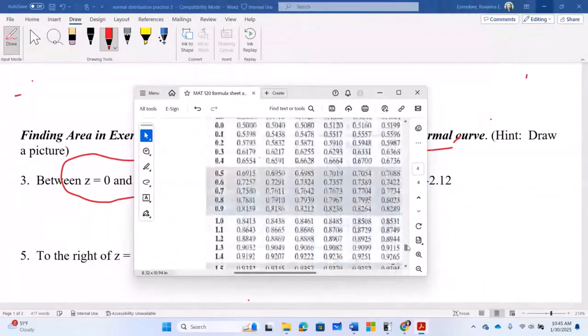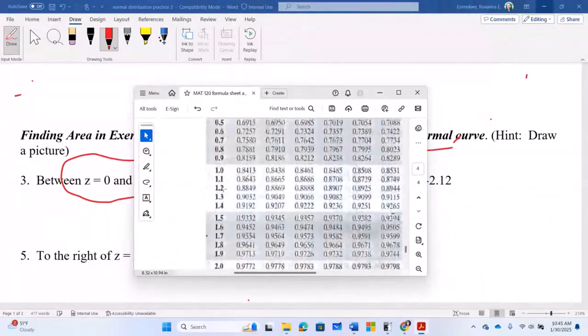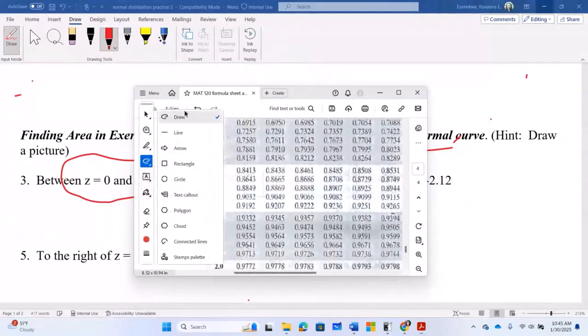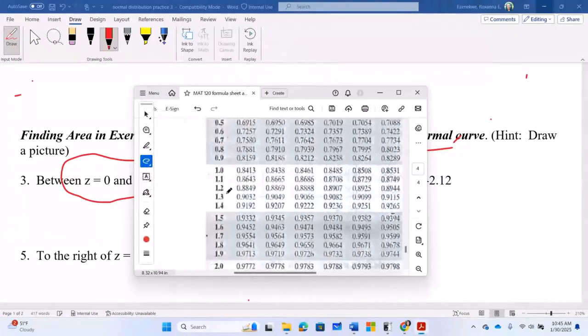I want you to see that this is 1.2 already, 1.2 right here. So this is 1.20, 1.21, 2, 3, 4, 5.